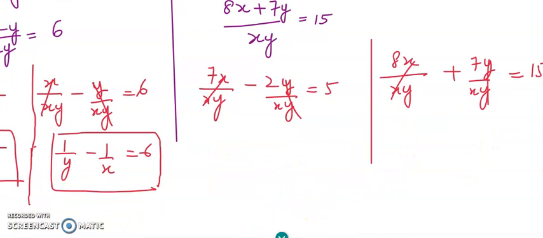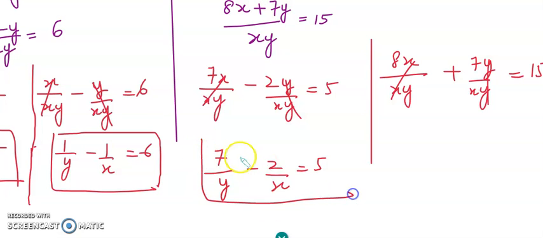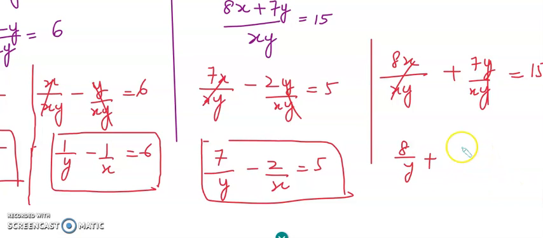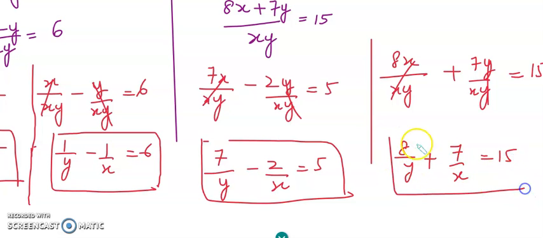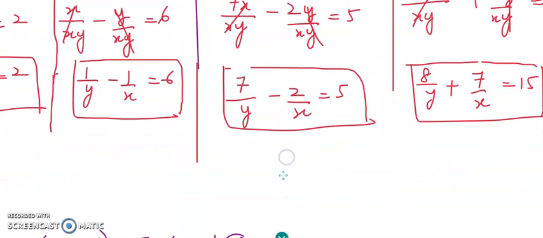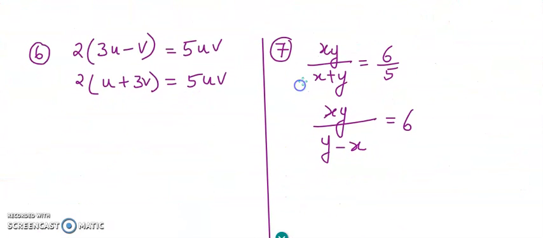So I end up having the equation as 7 upon y minus 2 upon x equals 5. And here 8 upon y plus 7 upon x equals 15. Am I clear?